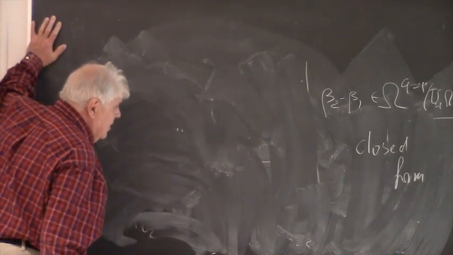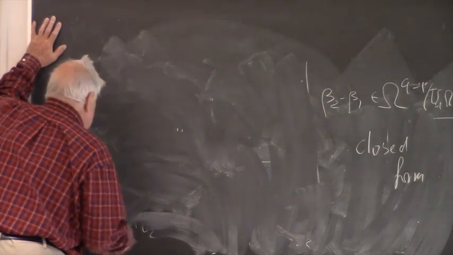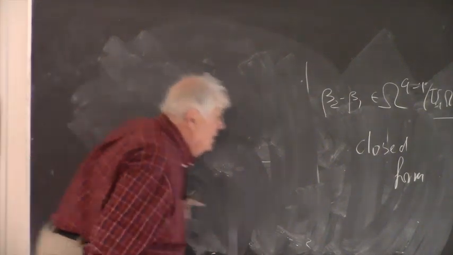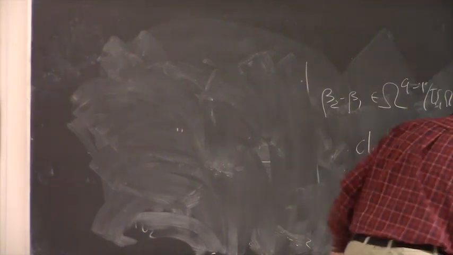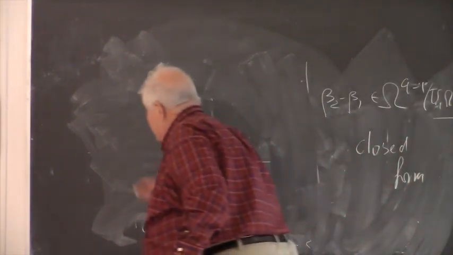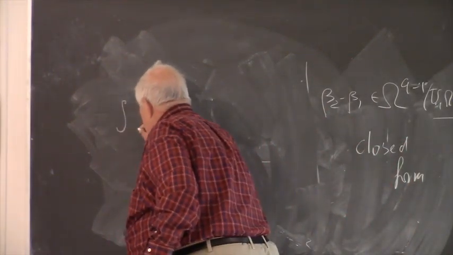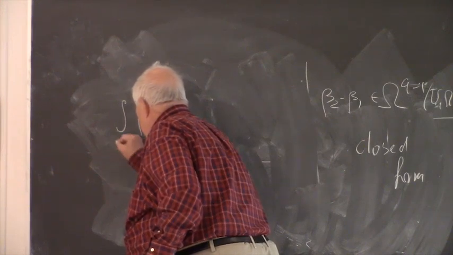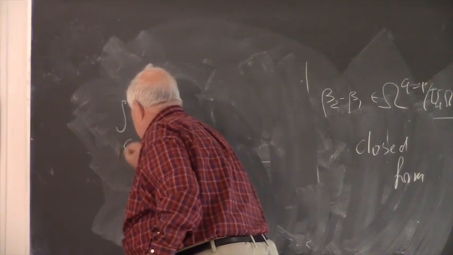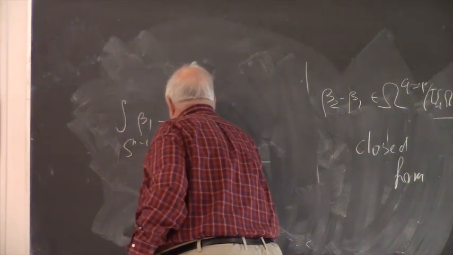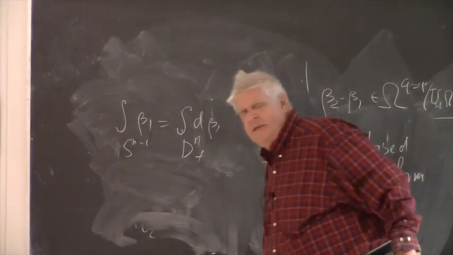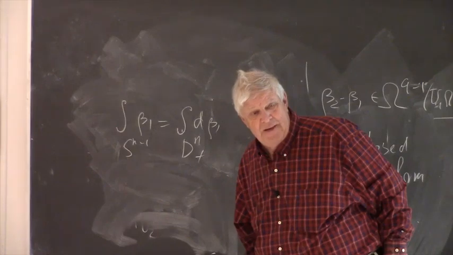This is because, consider this picture again. The integral of beta 1 over S n minus 1 is the same as the integral of alpha over D n plus. This is the Stokes theorem, right?